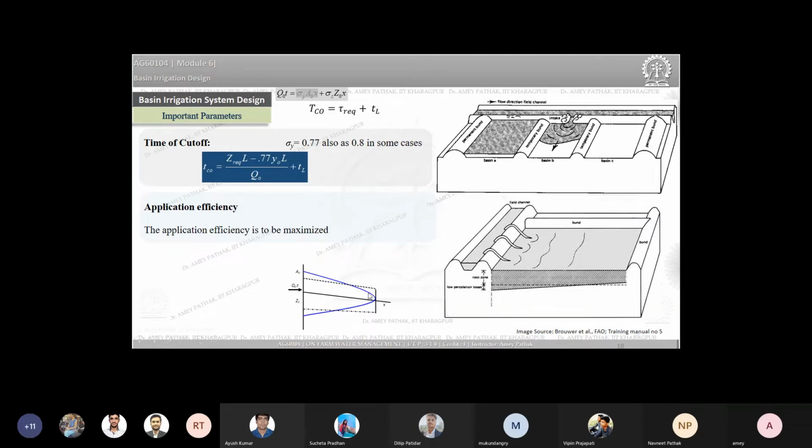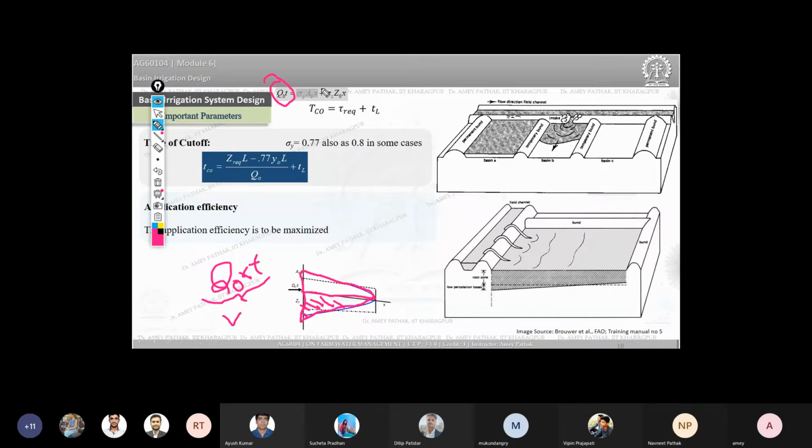So we have this shape here. Whatever volume we have applied as Q naught for T duration of time is split into two parts. One will be stored above the surface, and one will be allowed to infiltrate. This is what this equation talks about.